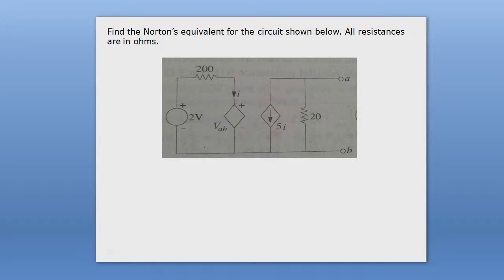To draw the equivalent Norton circuit, first we will calculate Norton resistance and short circuit current.